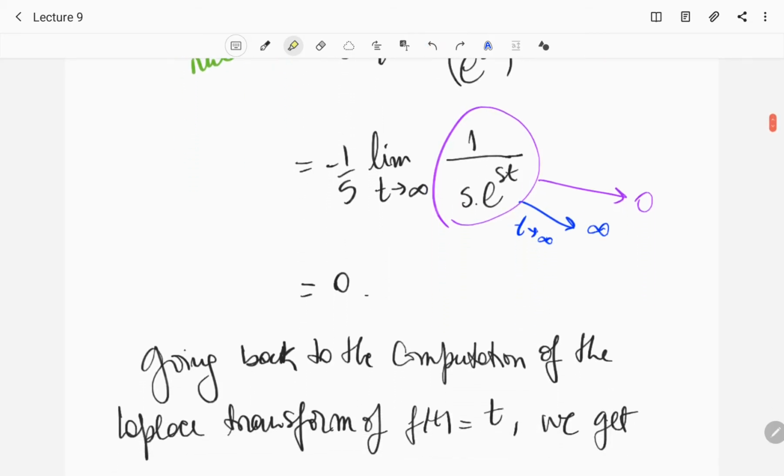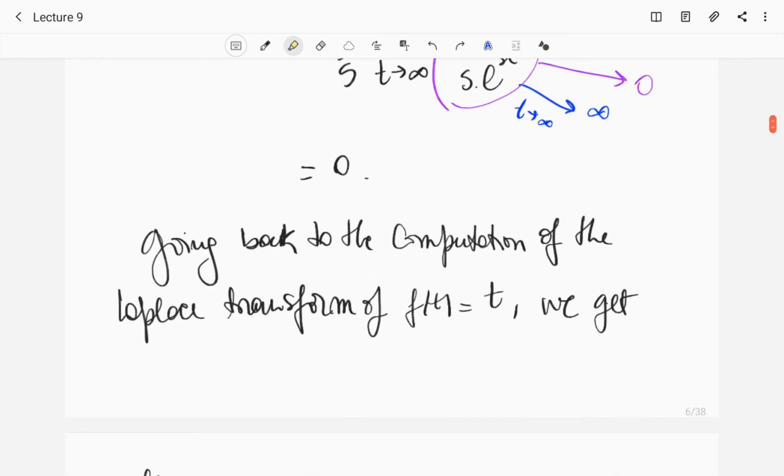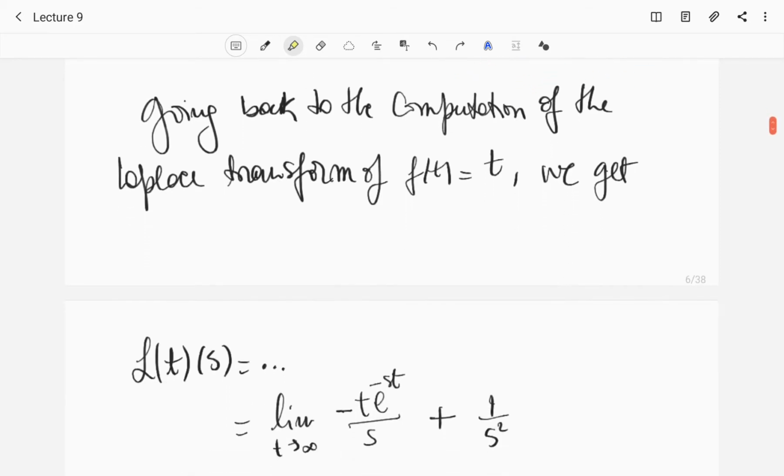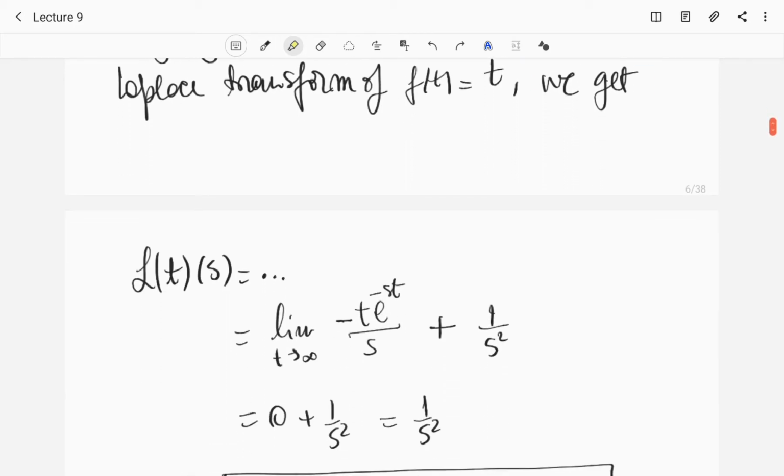So now if we go back to the computation of the Laplace transform of our function f of t equal to t, here are the previous calculations, right? And then we got this limit plus 1 over s squared.